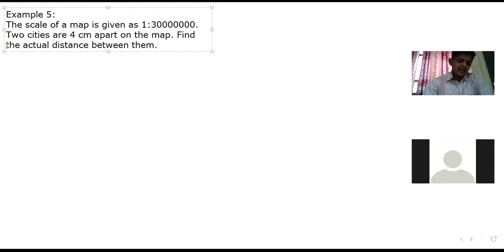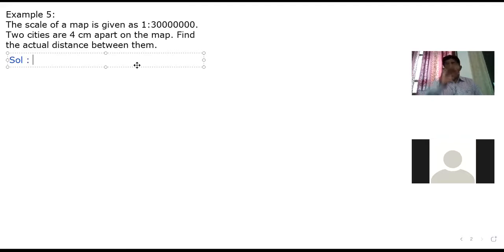So how to convert centimeter to kilometer? Centimeter to meter, divide by 100, and meter to kilometer, divide by 1000. Do you know that? Yes, sir. So first I will convert that. Write down. They have given the comparison in similar units.